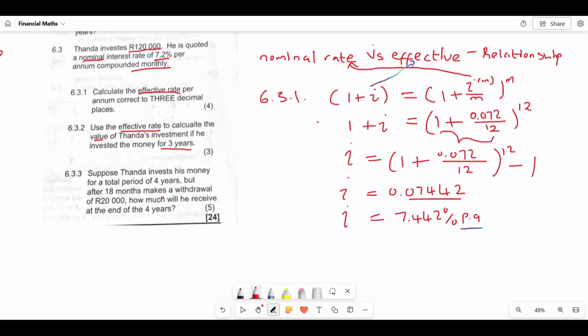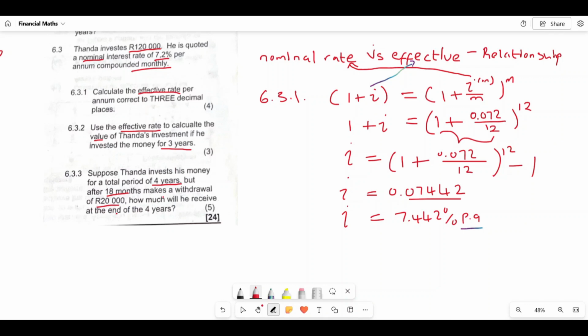So 6.3.3 now says, suppose Tanda invests his money for a total period of 4 years. So now if the period is 4 years, but after 18 months makes a withdrawal of 20,000, how much will he receive at the end of 4 years?